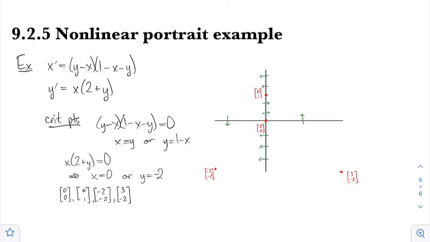And by evaluating at a few more points, I find out that we're going pretty steep over here. And then as we come across, it gets sort of flatter and flatter. And coming down here, it's like this.